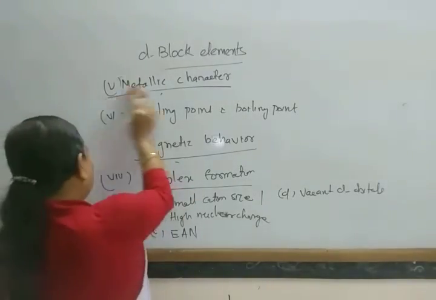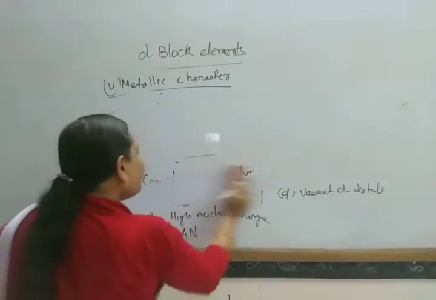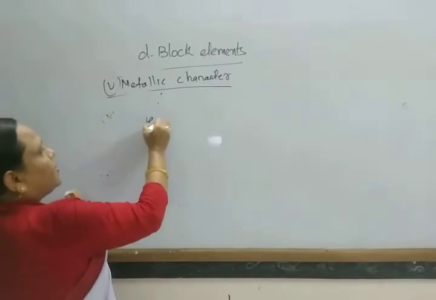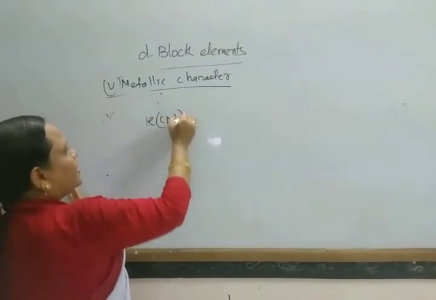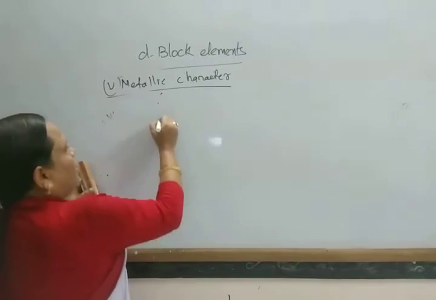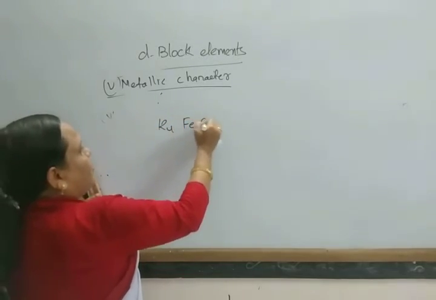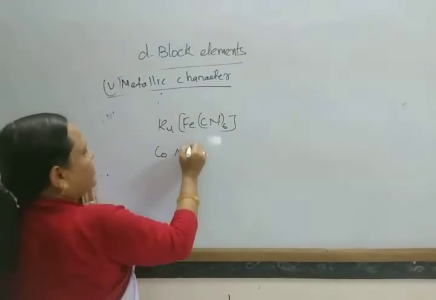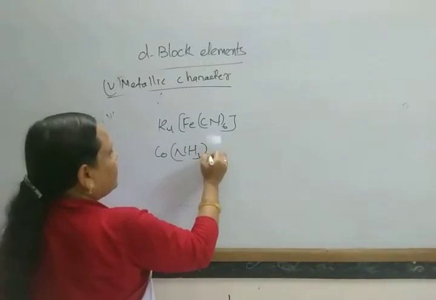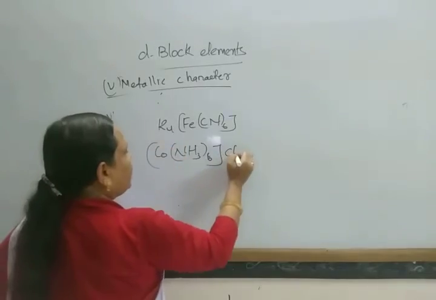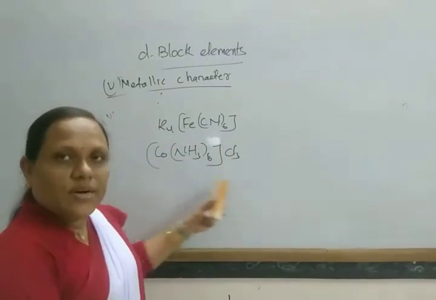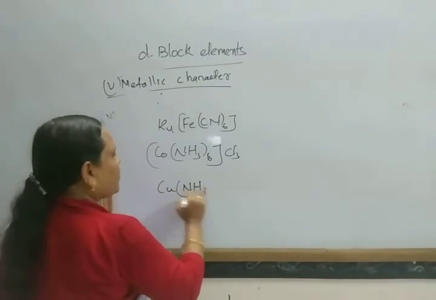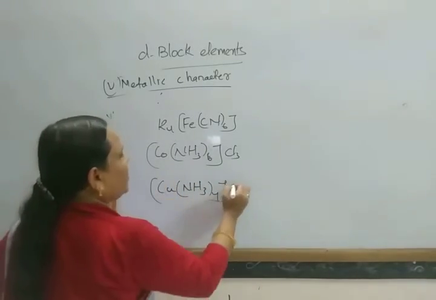Okay, for example, iron forms complex compounds like potassium ferrocyanide, cobalt forms complexes like Co(NH3)6Cl3, hexaamminecobalt chloride, and copper forms complexes like Cu(NH3)4SO4.